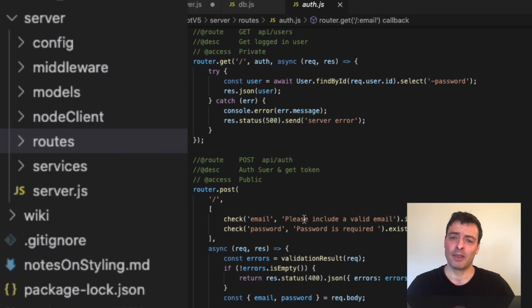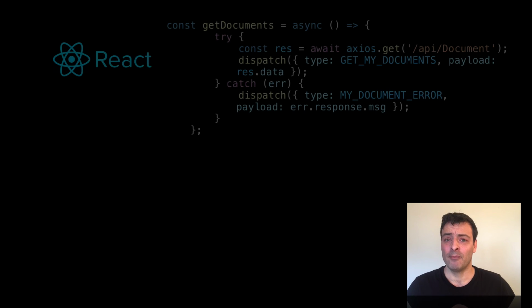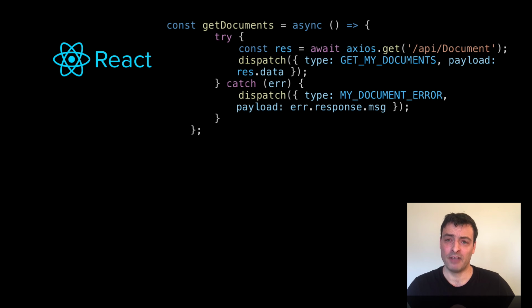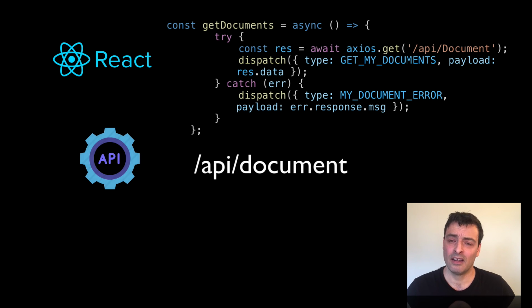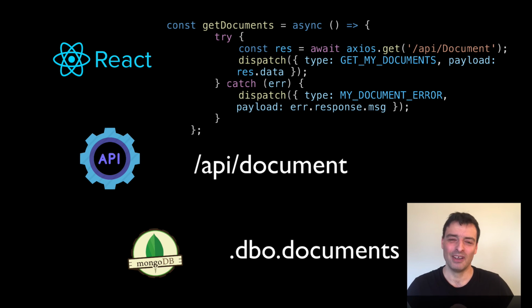Different endpoints do different things on different sets of data, and generally an endpoint is accessing a different data set in MongoDB. I was going to call it a table, but it's not really a table. I think they call it collections in MongoDB.